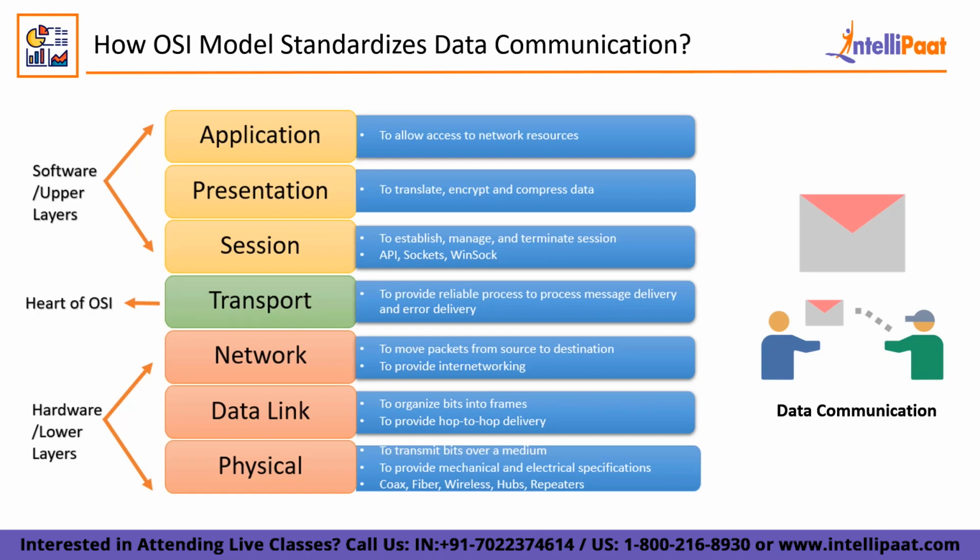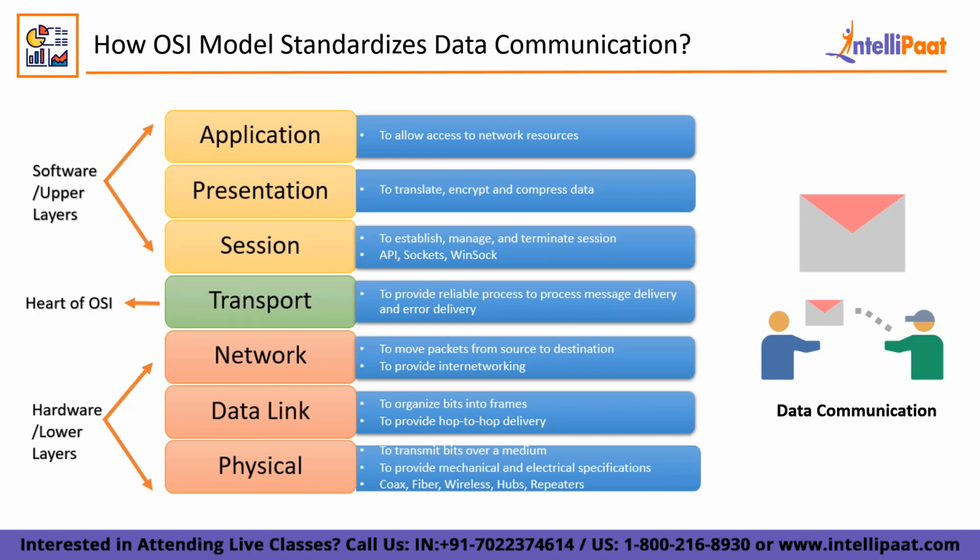Now, the fourth layer is the transport layer, which is responsible for ensuring that data is transmitted reliably and efficiently. In our example, the transport layer would be responsible for ensuring that all of the email's components, including text, images, and video, are transmitted correctly and efficiently.